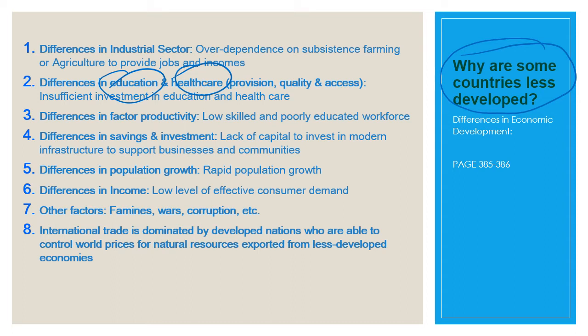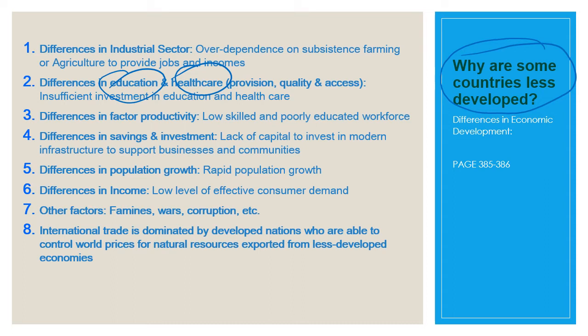Healthy, educated people are more employable, productive, and creative, right? So the quality and the level of provision and the accessibility of education and healthcare in most developed countries is therefore generally good. Whereas in the less developed countries, they do not have access to education and to the proper healthcare. Okay?